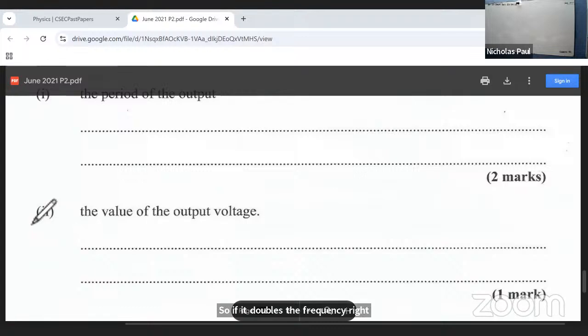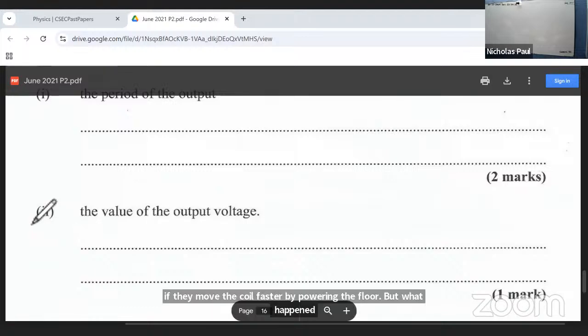If you double the frequency, would the coil be moving faster? They're moving the coil faster? What do y'all think? And if they move the coil faster, by Faraday's law, what will happen? It should generate a larger voltage.